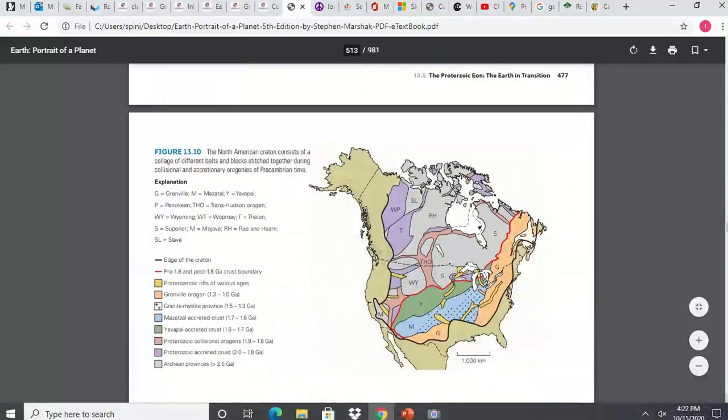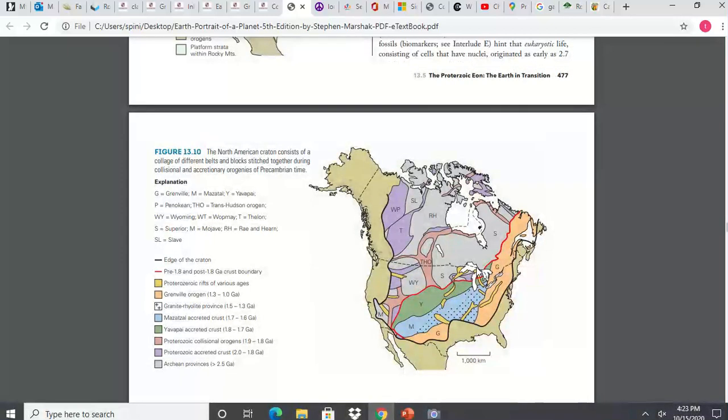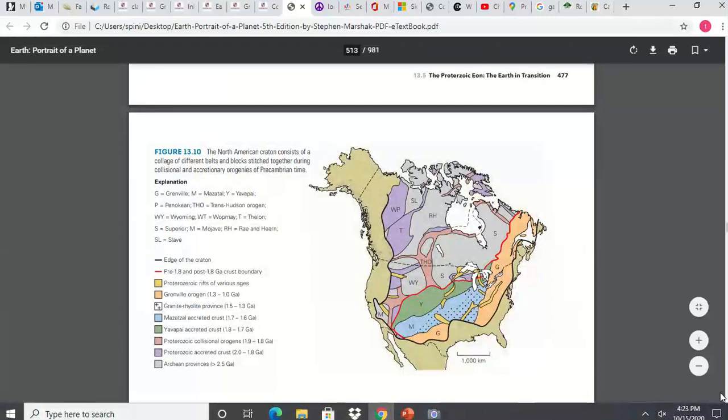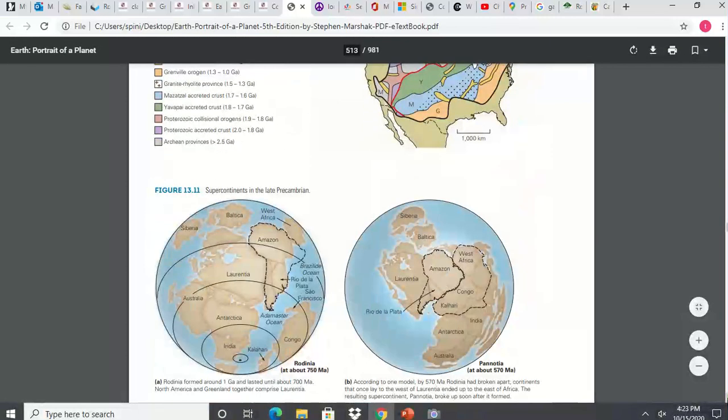Your book goes on to, again, look at more complex life. And then here you can see an interesting map about where some of these rocks and outcroppings and where organisms could have been. And again, remember the North American continent we see today looked very different back then. It was literally pieces coming together, and here you can kind of see what that may have looked like.